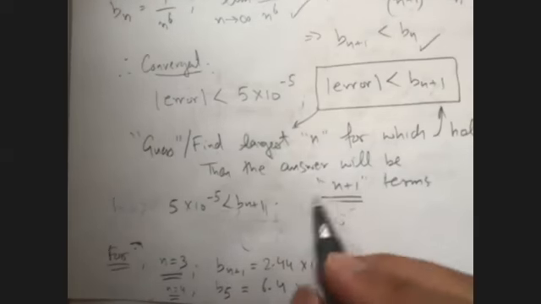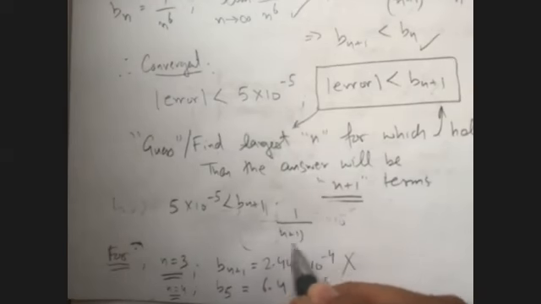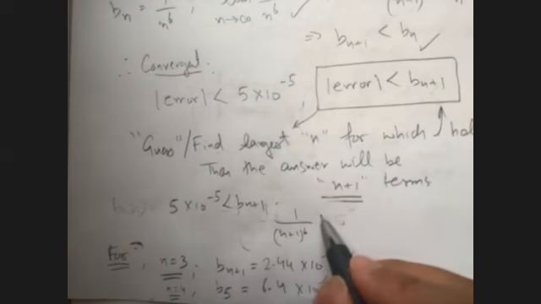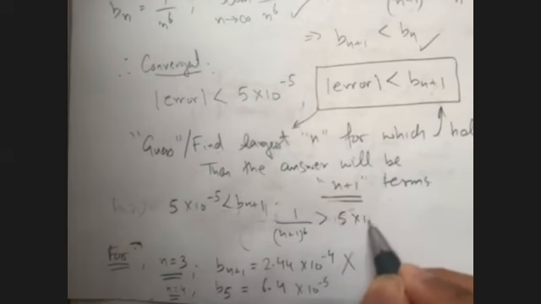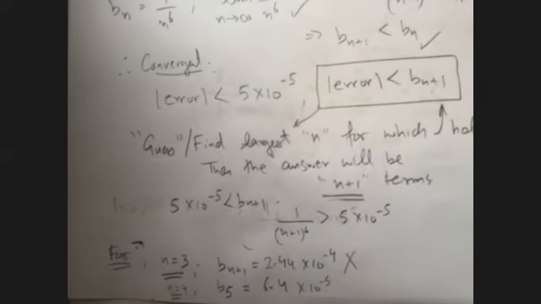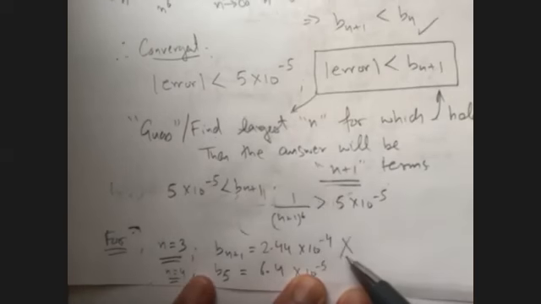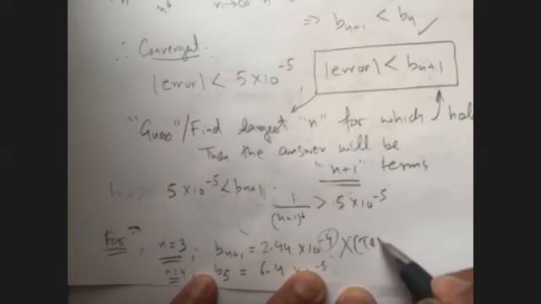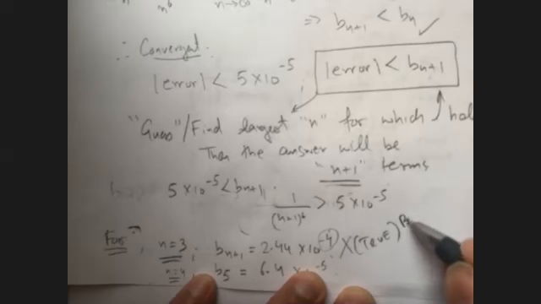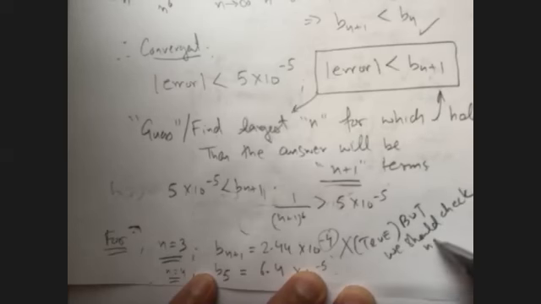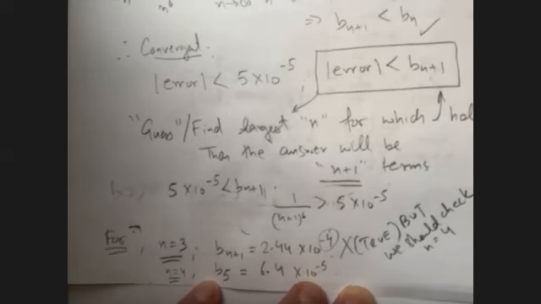All right. So it means we have to now find n such that, if you look here, this is true. However, this is 10 to the minus 4. So we should check n equals 4 also, because this is of the order negative 4, this is negative 5.